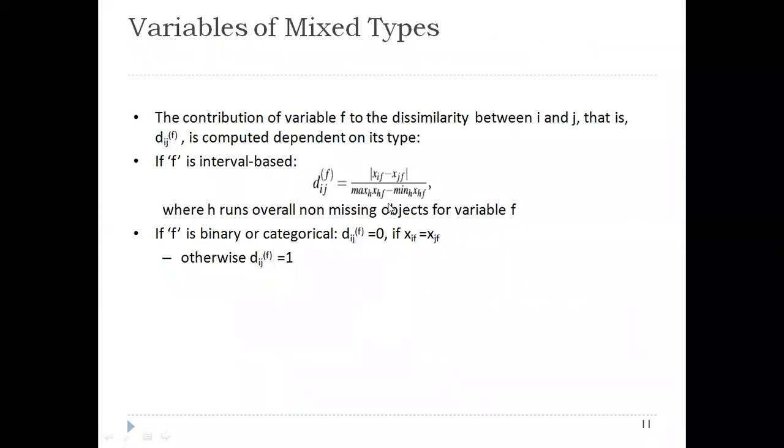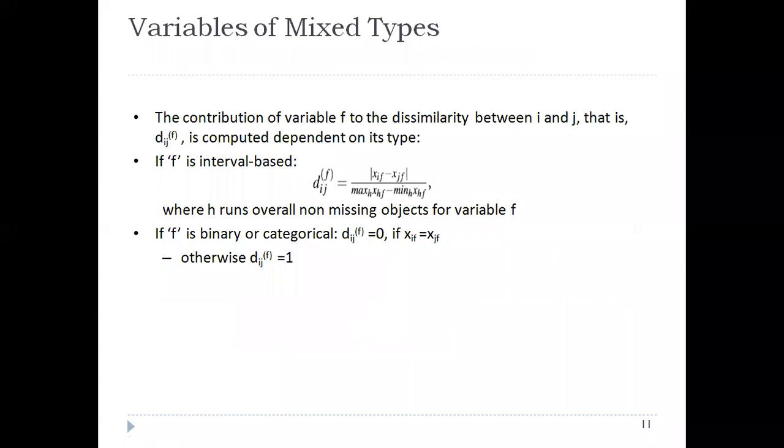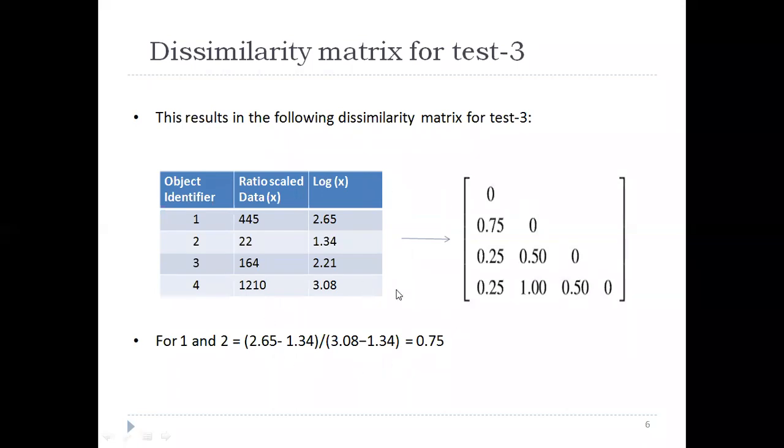Then you use this formula to calculate the distance: the absolute difference of x i f minus x j f divided by the max of x h f minus the min of x h f. When you apply this formula, you get this answer, and you compute this to get the dissimilarity matrix.